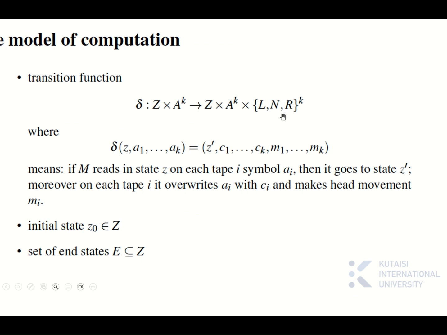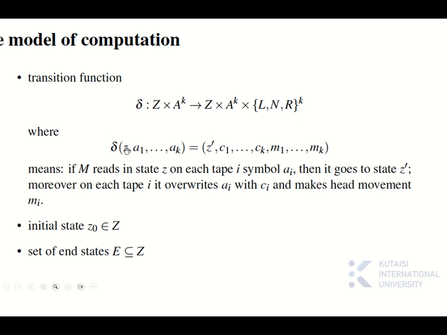By the way, this is all deterministic. There is no non-determinism going on. This machine makes a deterministic movement every time, so it's easier. This is really a function. So for every state and every k-tuple, you produce a new state, you produce a new tuple, the thing you overwrote, and then you make a k-tuple of movements: left, neutral, or right.